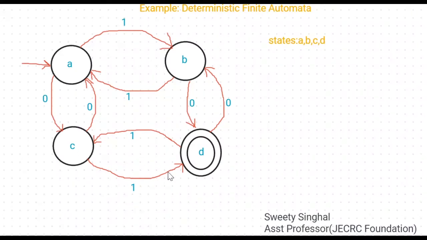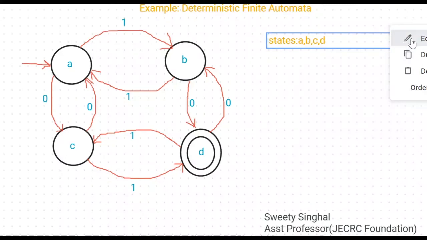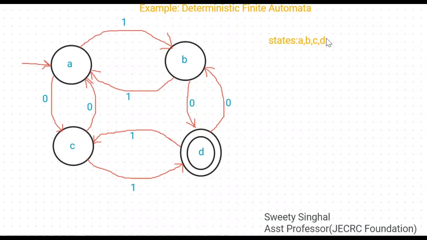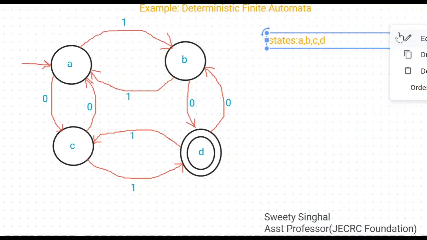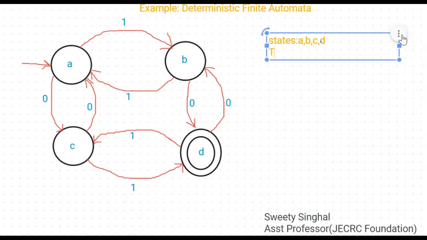So these are nothing but the transitions of the deterministic finite automata. Let me write here again. Now if I'm talking about 1001, what are these?